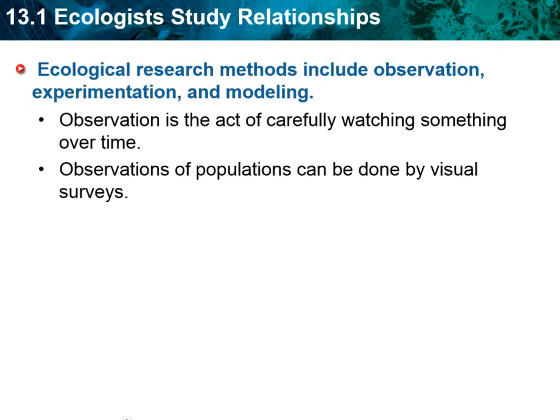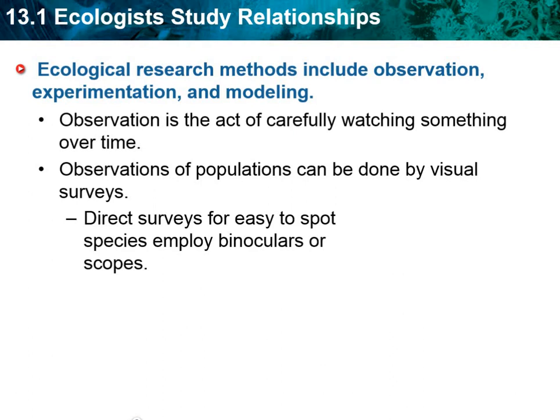Direct surveys for easy to spot species could employ things like binoculars or scopes. Indirect surveys are used for species that are difficult to track, and they include looking for other signs of their presence, like a nest or tracks.